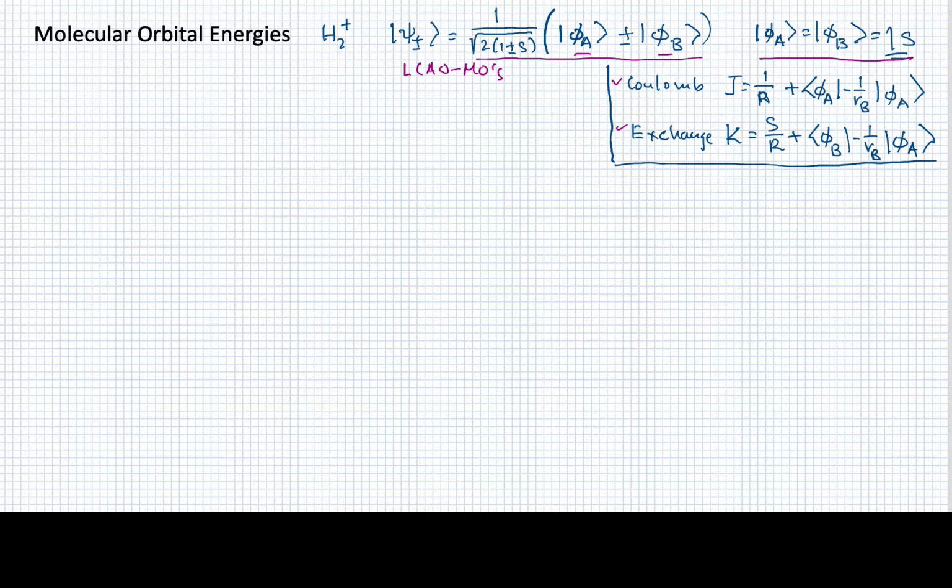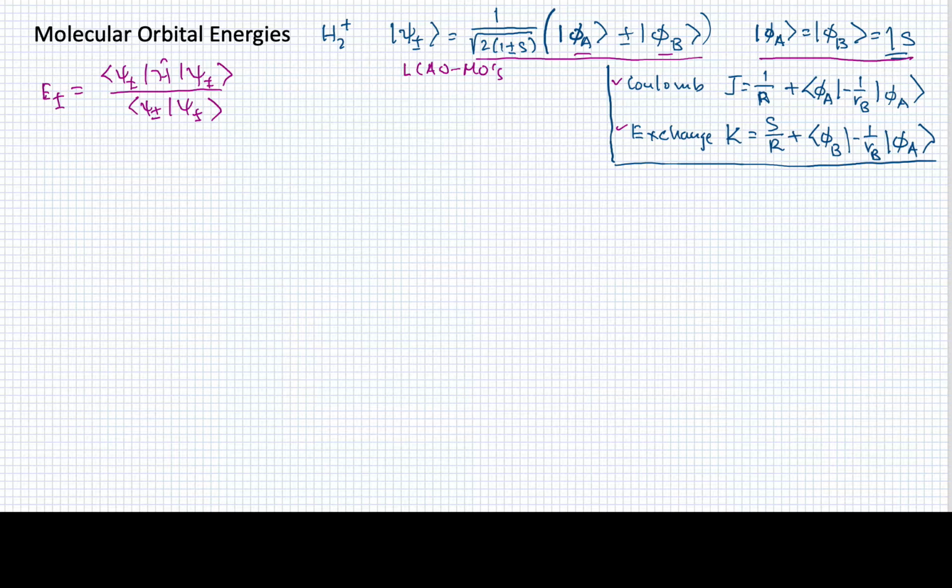Well, remember that the energy of these molecular orbitals would be given by the integral of psi plus or minus H psi plus or minus, divided by their overlap integral, the inner product of psi plus or minus.